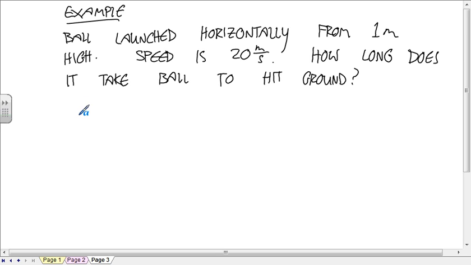Okay, so I'm going to choose time equals 0 to be when it's released, and time final to be when it hits the ground.